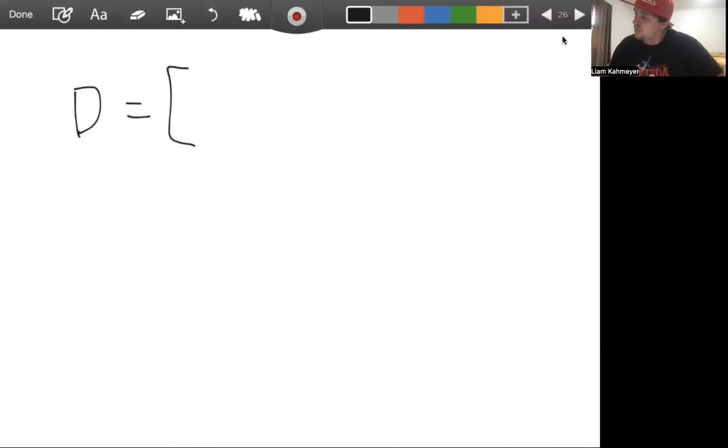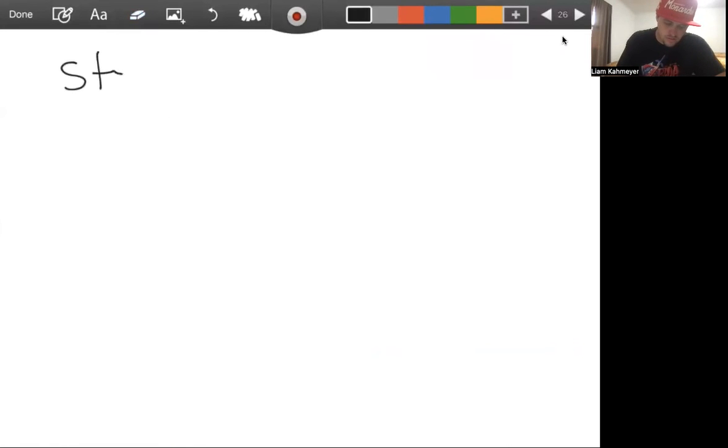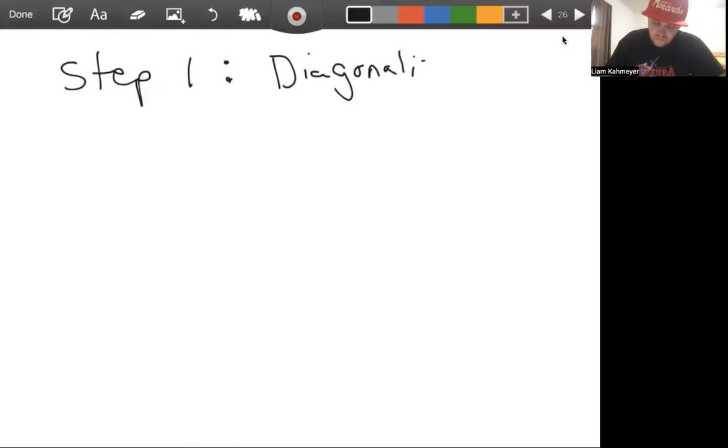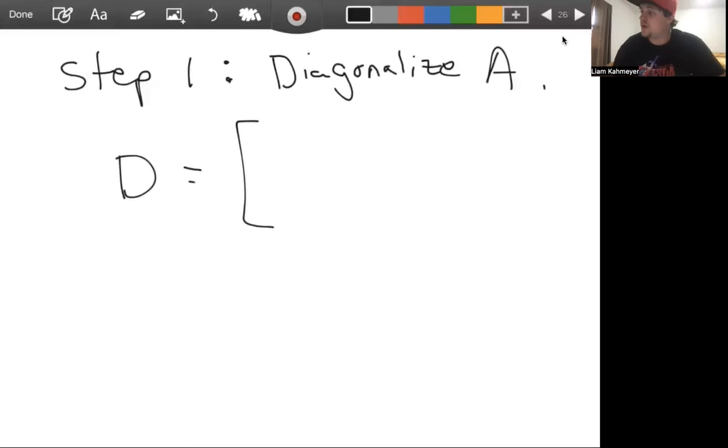And so, let's write this out algorithmically here. What's step 1 for computing a high power of a matrix? You need to diagonalize A. Assuming we go through all the computation, you get that the diagonalization is 1, 1, 2, 0, 0, 0, 0, 0, 0.